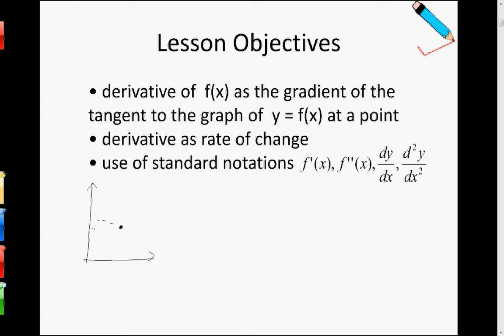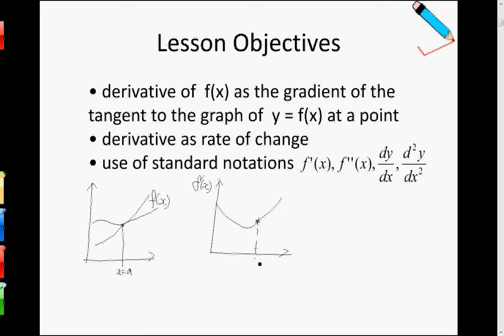Let's say I have a function f(x), and I do differentiation and I get f prime of x. Let's say this point is x equals a. The gradient which we obtain this way would be the same as the gradient that we get from this function.